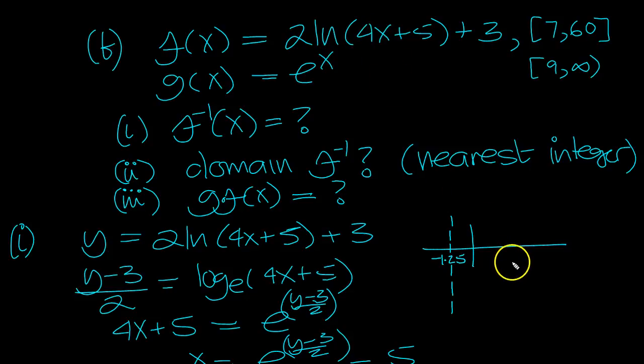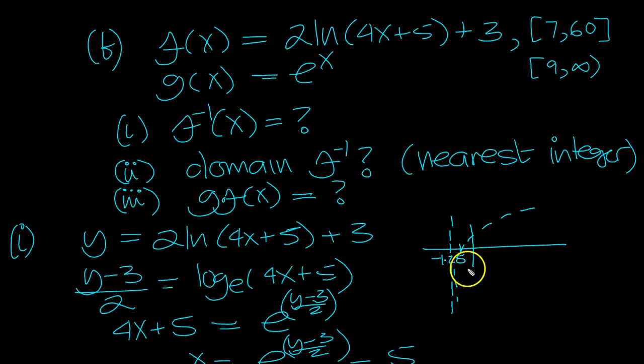So 7 and 60. The log function, when x is minus 1, goes through 0. So here's the curve I was just trying to get a look at.